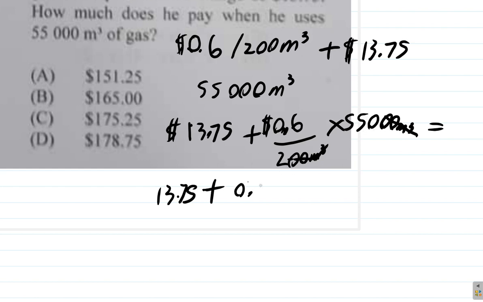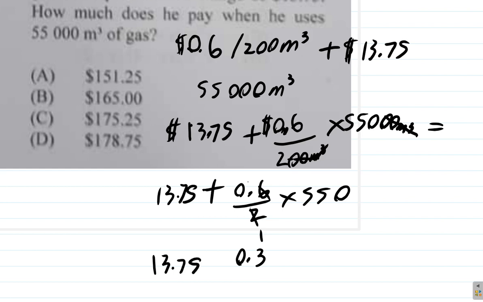So this is 0.6 over 2 times 550. When you cancel here, 2 into 0.6 is 0.3. So it's $13.75 plus 0.3 by 550.